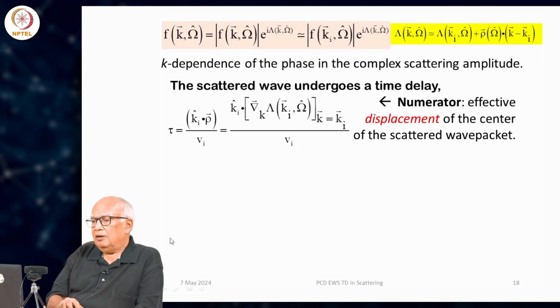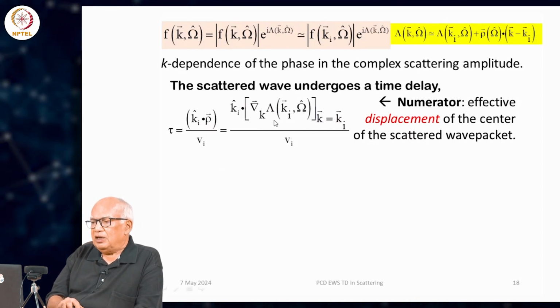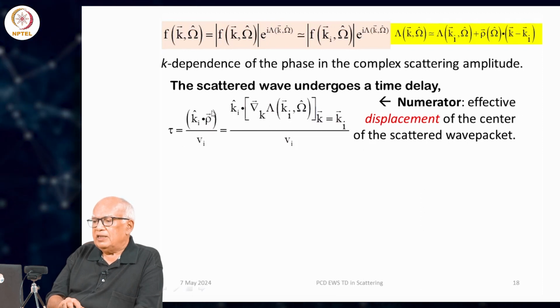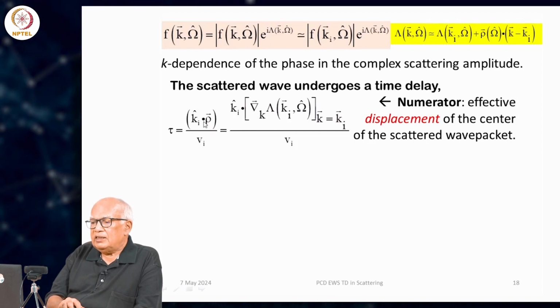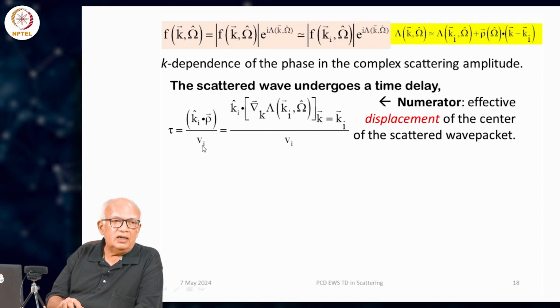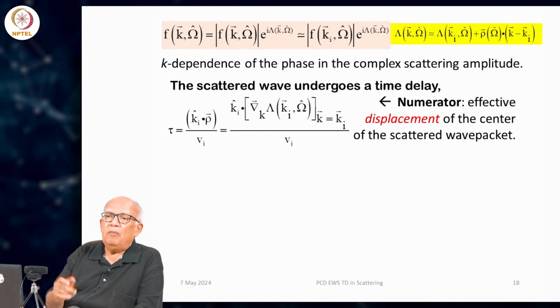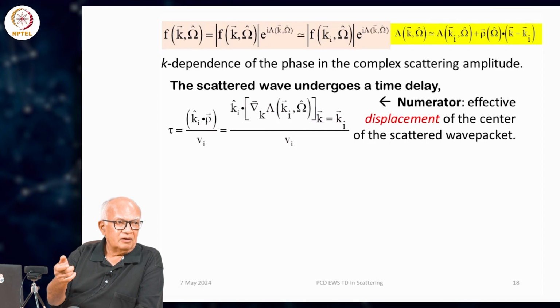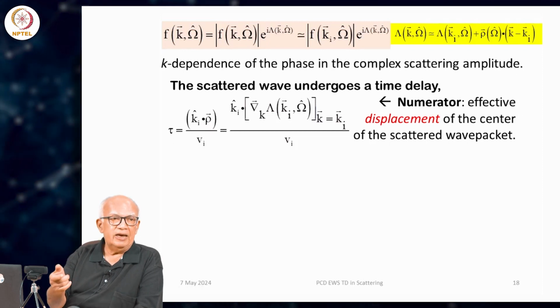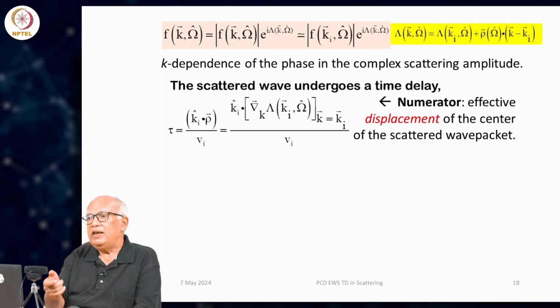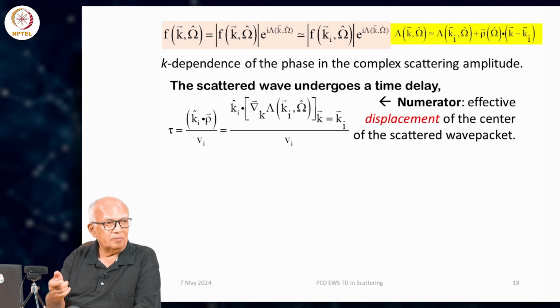So, here you have this directional derivative which is the distance, and this divided by the velocity, which we have studied earlier already, will give you a measure of time, which is the delay. This is the time delay of the scattered particle.